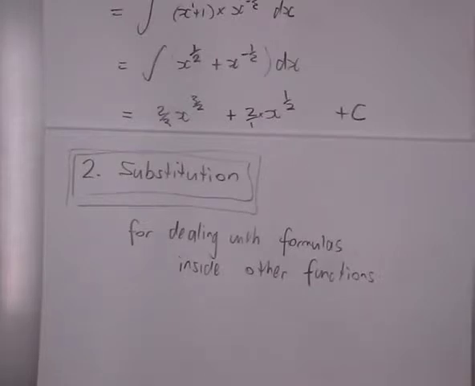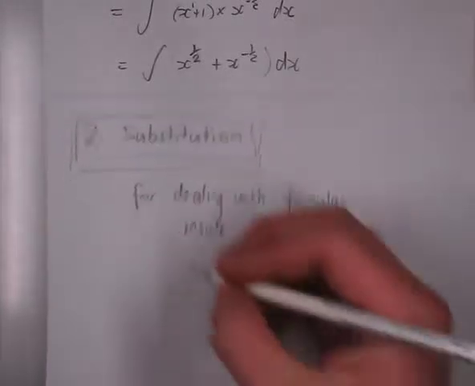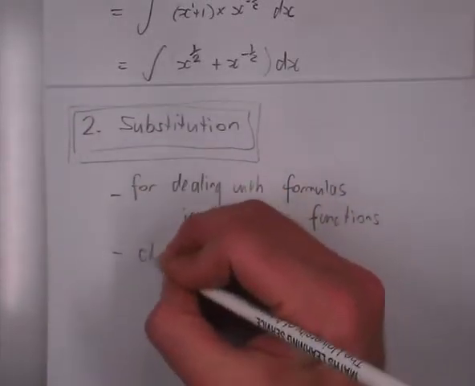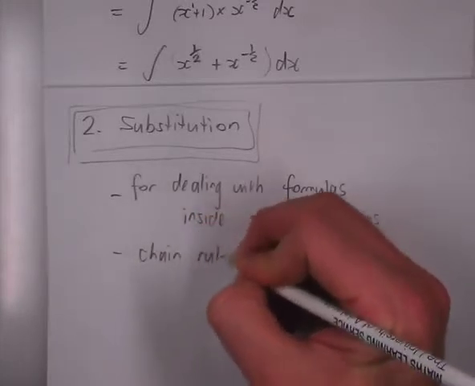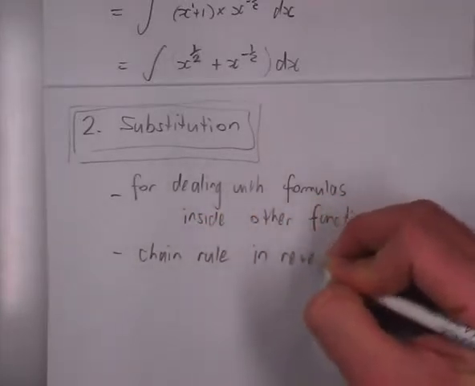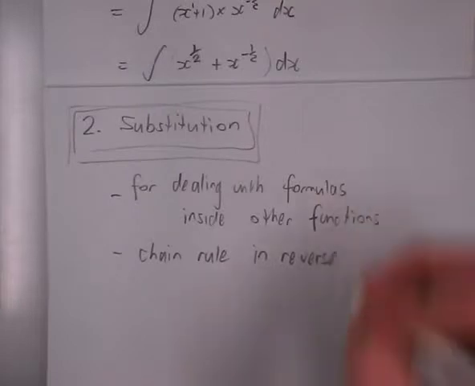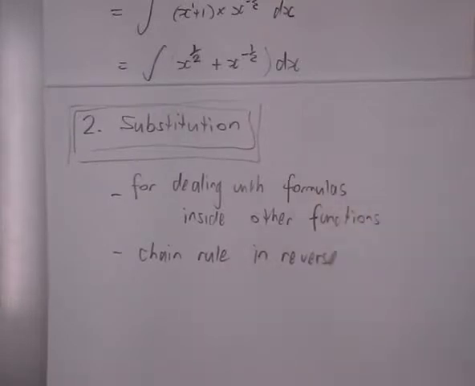With differentiation, that's what the chain rule is for. So it's sort of like the chain rule in reverse. The chain rule was for dealing with that situation as well.